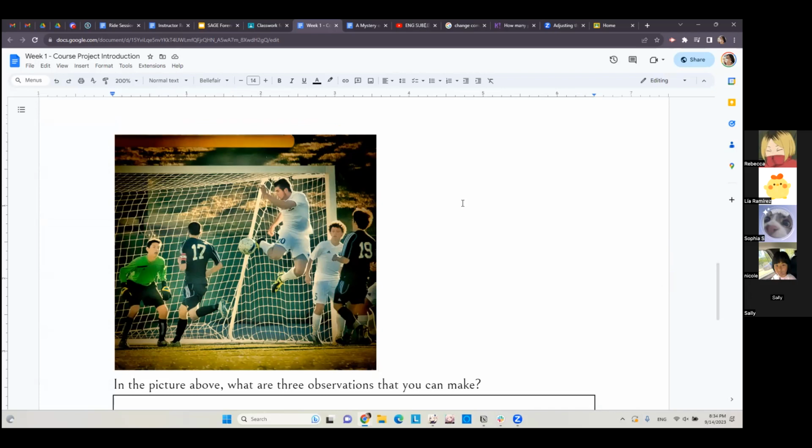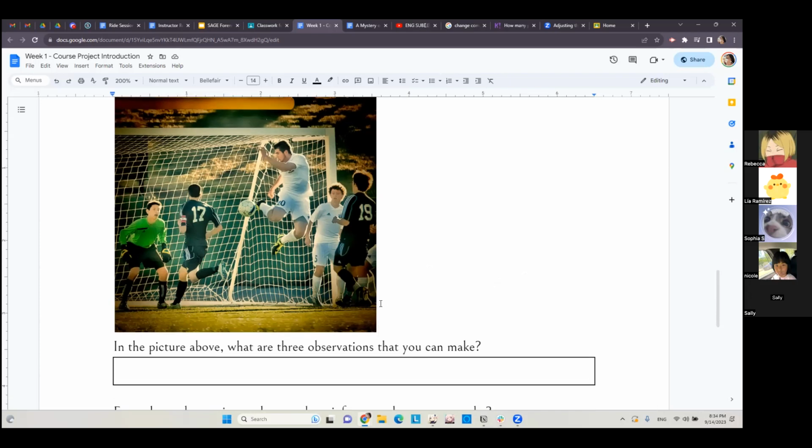Okay, did anybody say anything? Hang on, my phone's just turned off. Anyway, what are 3 observations we can make about this picture? Anybody have ideas?